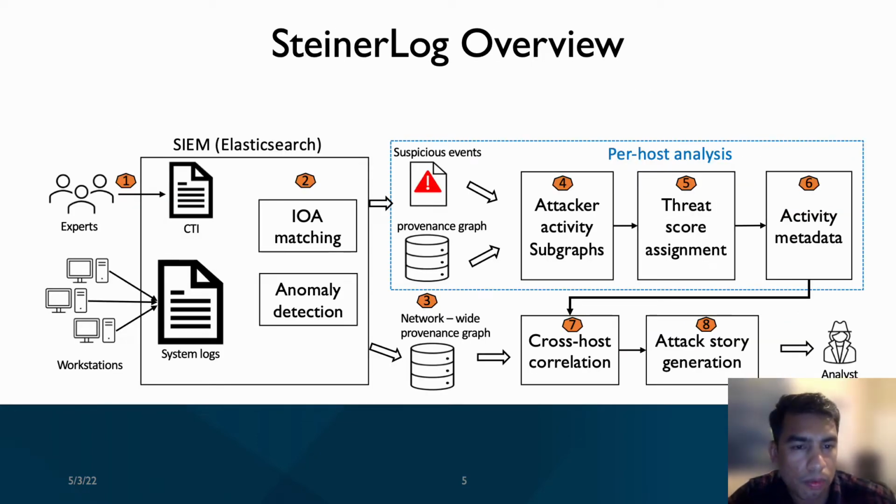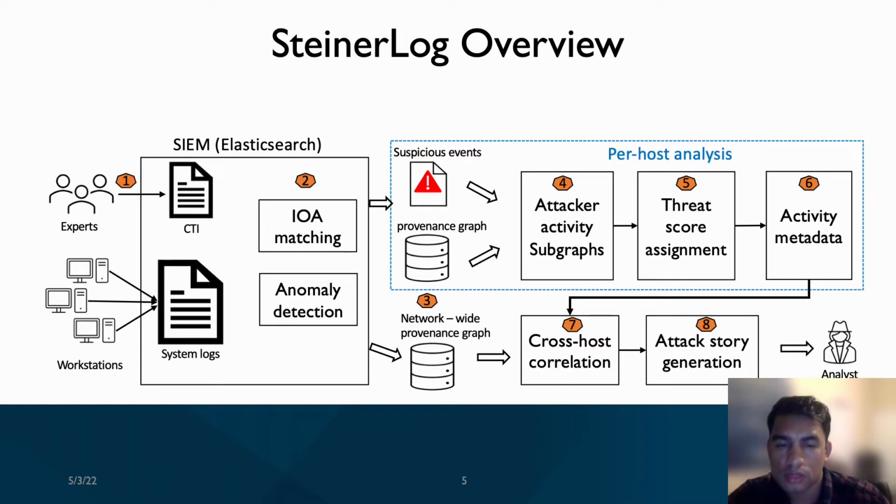This is the workflow of the SteinerLog system. We start with the CTI repositories compiled by experts and find the IOA matching rules that are relevant to our system. In addition, we configure the anomaly detector in order to find the events that diverge from the norm. Once we have the provenance graph and the list of suspicious events or alerts, we perform the prize-collecting Steiner tree optimization on each host to find the subgraphs that are potential representations of attackers' activity.